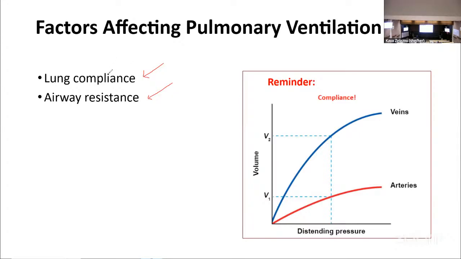Okay. Lung compliance, I find compliance to be a slightly harder concept, at least for me to wrap my mind around. So I'm just going to tell you that I always think about those veins and arteries in this picture when I think about compliance in order to remember. Right? This is just another relationship between pressure and volume. Right?